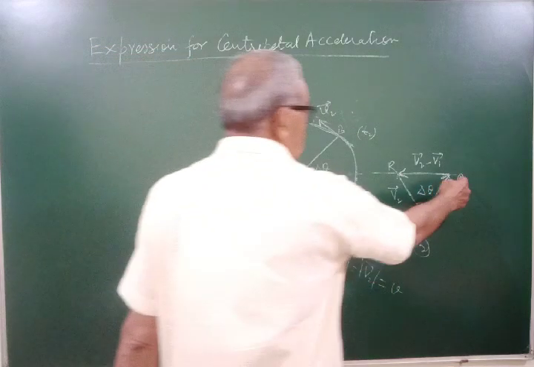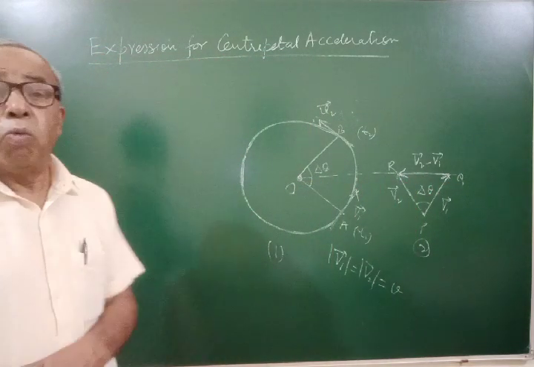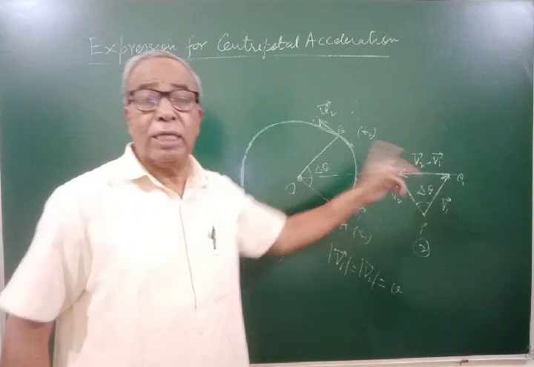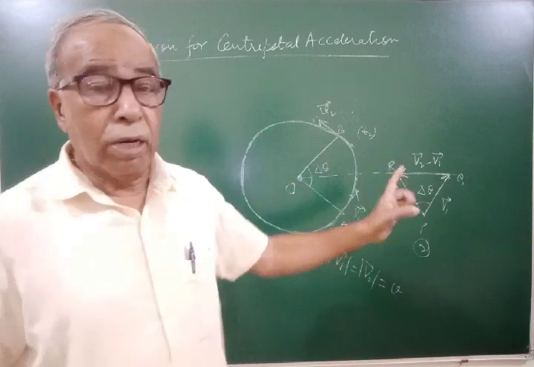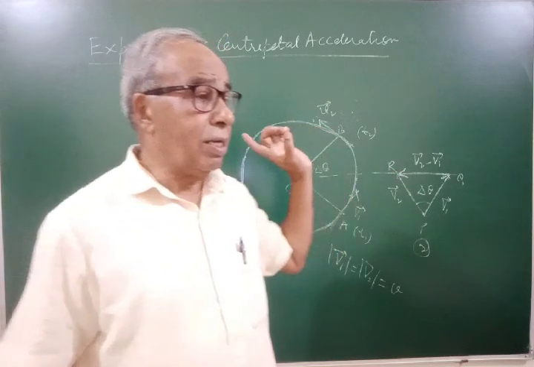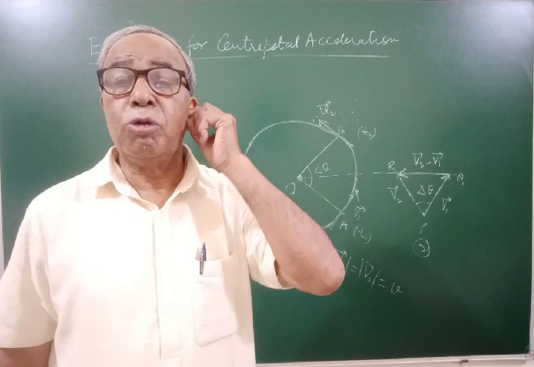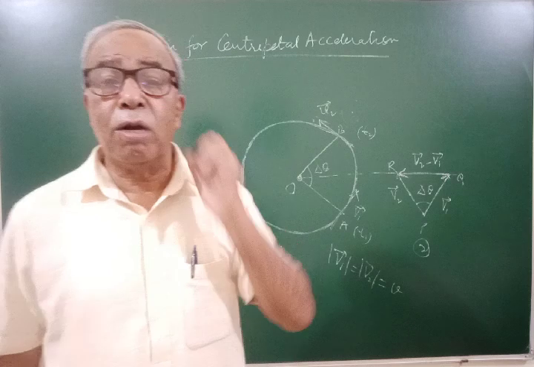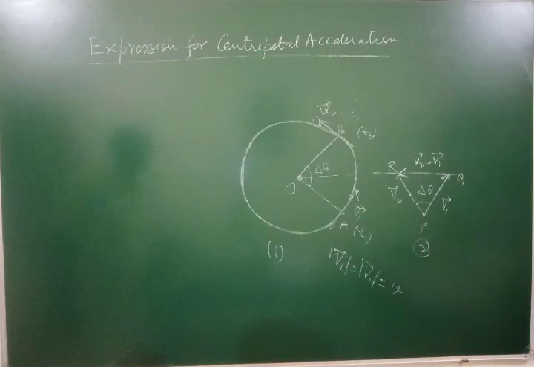So you can see it is towards the center. Whatever be the position, here or here, the change in velocity will be towards the center along the radius, and that is why I told you that this acceleration in uniform circular motion is called centripetal acceleration, along the radius towards the center. It has been proved here.